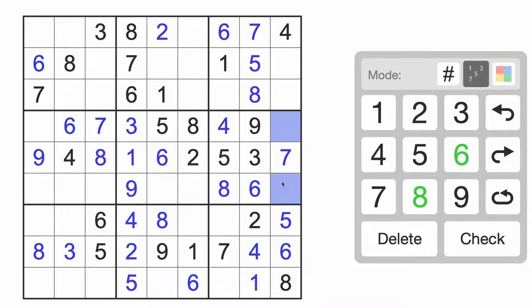Okay, these will be 1 and 2. So these cells cannot use 2. That gives me 2 here. 2, 2 gives me 2 here.